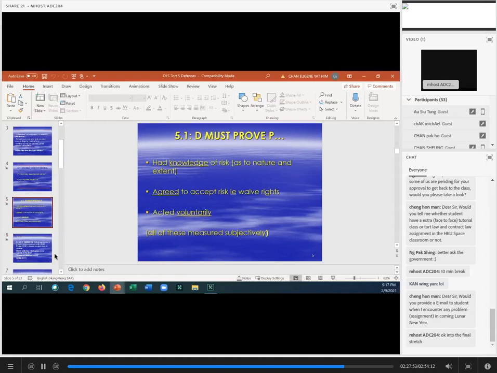The defendant must prove that the plaintiff had knowledge of the risk, and as to the nature of the risk and the extent, had agreed to accept the risk, in other words, had waived his rights, and had acted voluntarily. And all of these are measured subjectively.